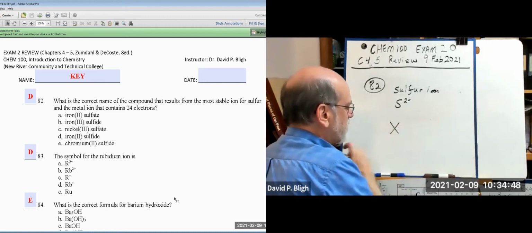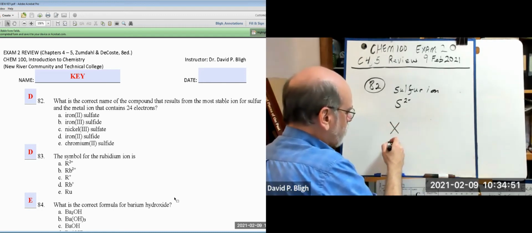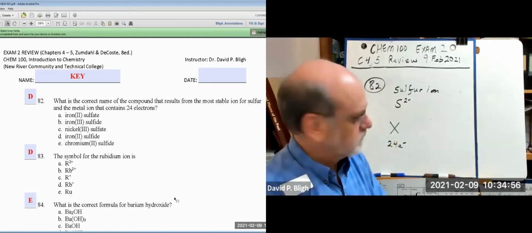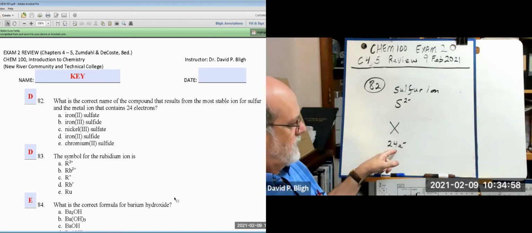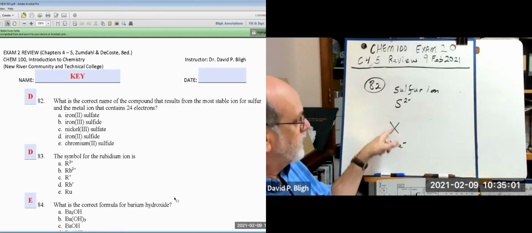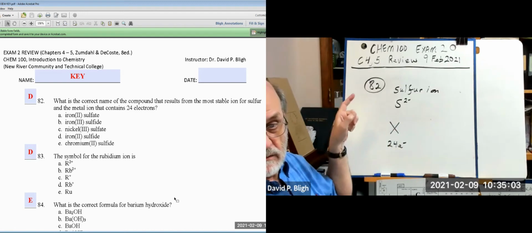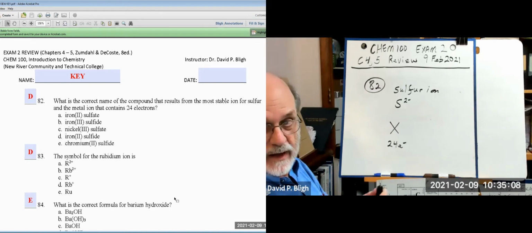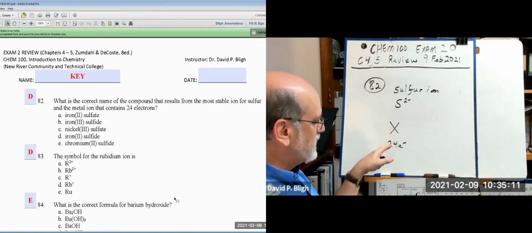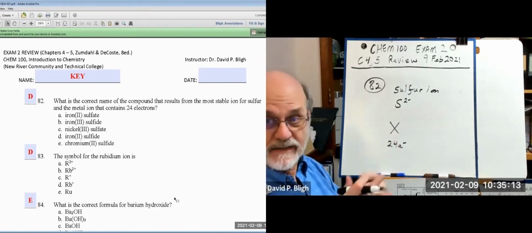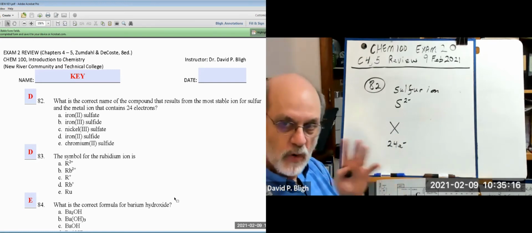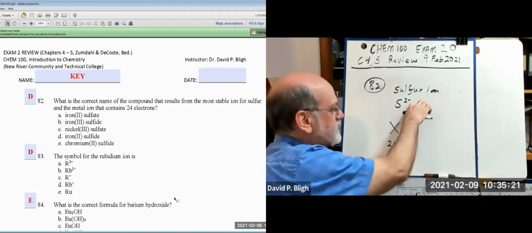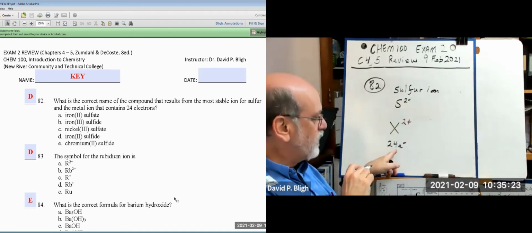So this one has to be 24 electrons. And now what we're saying is that there's only one of these, and one of those. So what would this one be? How many protons would it have? Because we need that to find out which element it is. If this one has to be a 2+ to balance that 2-, how many protons?